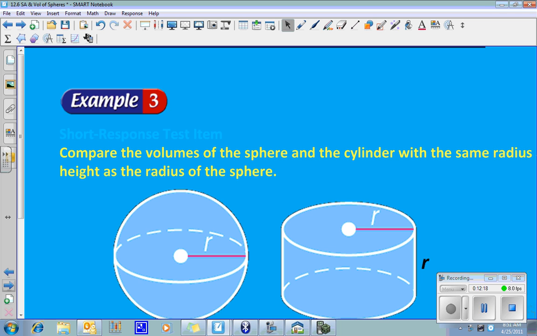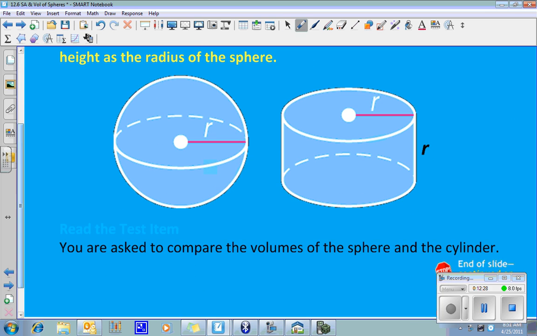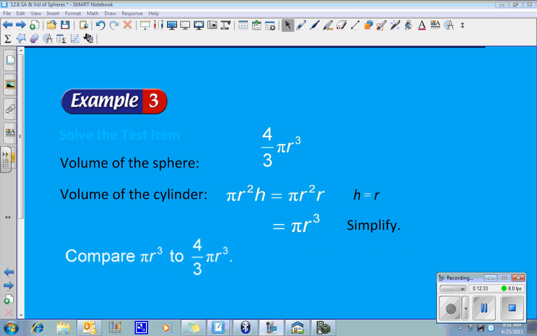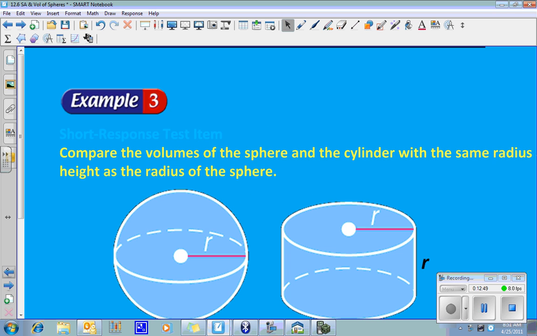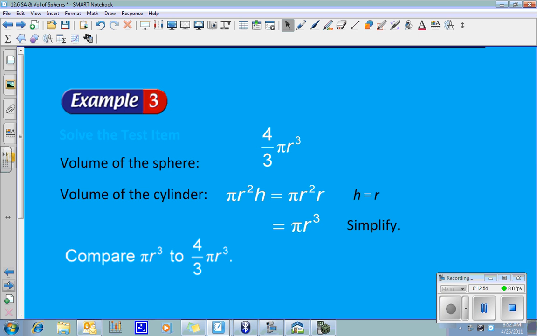On this one, compare the volume of the sphere and a cylinder with the same radius, where the height equals the radius of the sphere. All right, so volumes, we need to make sure that we know the volumes of a sphere and a cylinder. So on this next page, we have the volume of the sphere, which is 4/3 pi radius cubed. And the volume of the cylinder is pi radius squared times h. Now, if you go back to the picture, the height of your cylinder and the radius are the same amount.